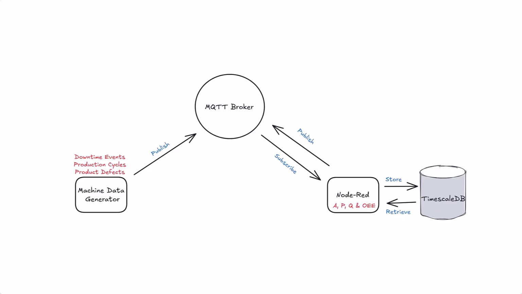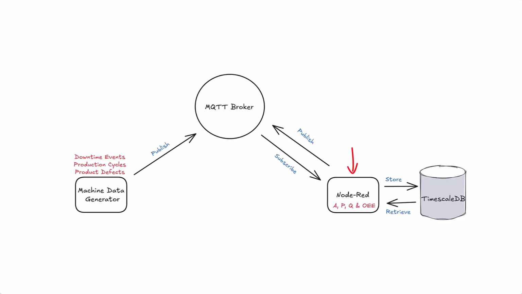Okay, so let's begin by looking at the architecture and data flow diagram of our demo. I have a data generator, which is an MQTT client that is simulating industrial machine data and publishing it to an MQTT broker. This data includes machine downtime events, machine production cycles, and defects on products produced by the machine.